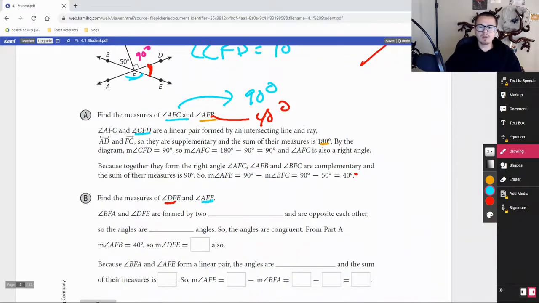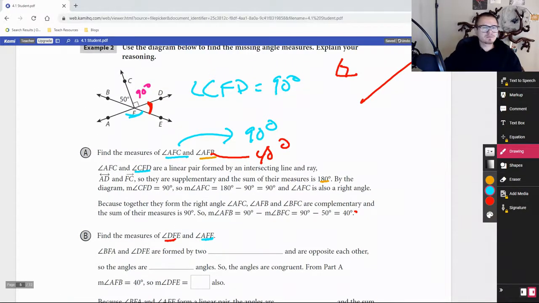Well, we know that BFA and DFE are formed by... wait, did I mark BFA wrong? Oh no, BFA is over here. BFA and DFE are two intersecting lines. You see the lines intersect, right? And they're opposite, so these must be congruent.